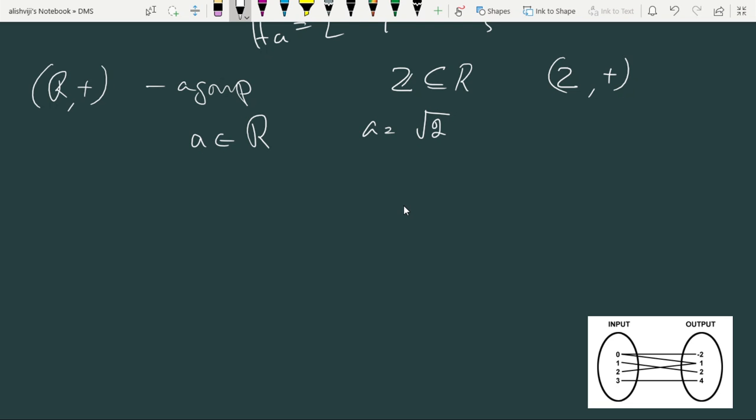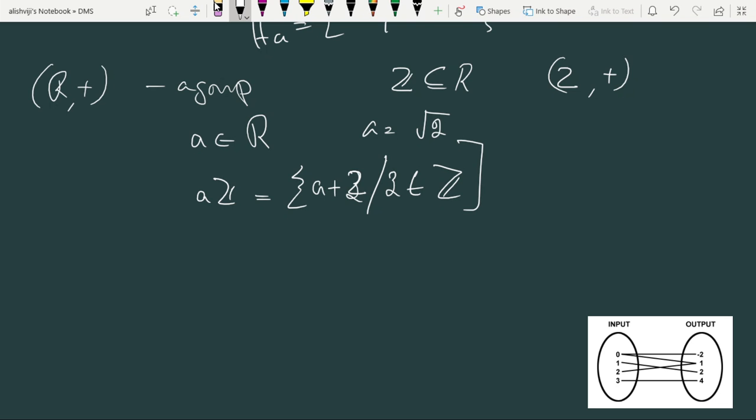Now the left coset aH, in this particular case, a plus Z, is the set of all a plus z, where z belongs to capital Z.